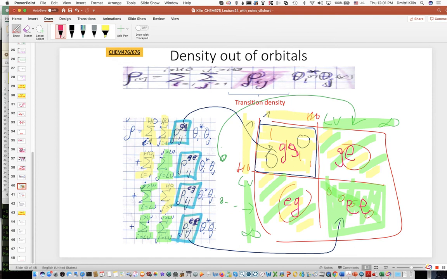So these EG and GE components are intentionally referred to as transition density matrix.